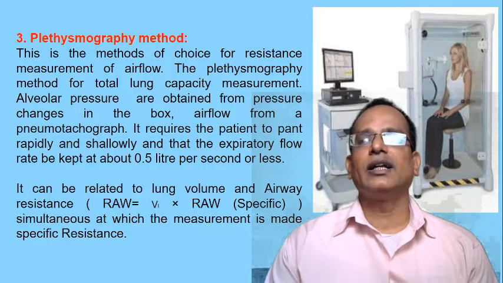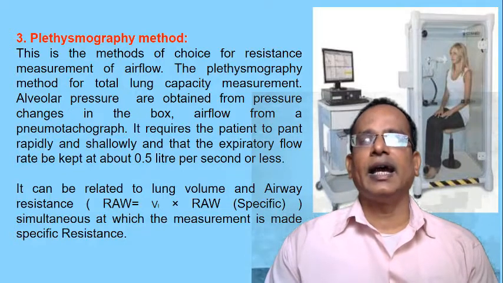We can see it on the computer, which will easily tell about the airway resistance. It also provides the lung capacity. So this method is the method of choice for resistance measurement. With the plethysmography method, we can measure total lung capacity and also airway resistance.